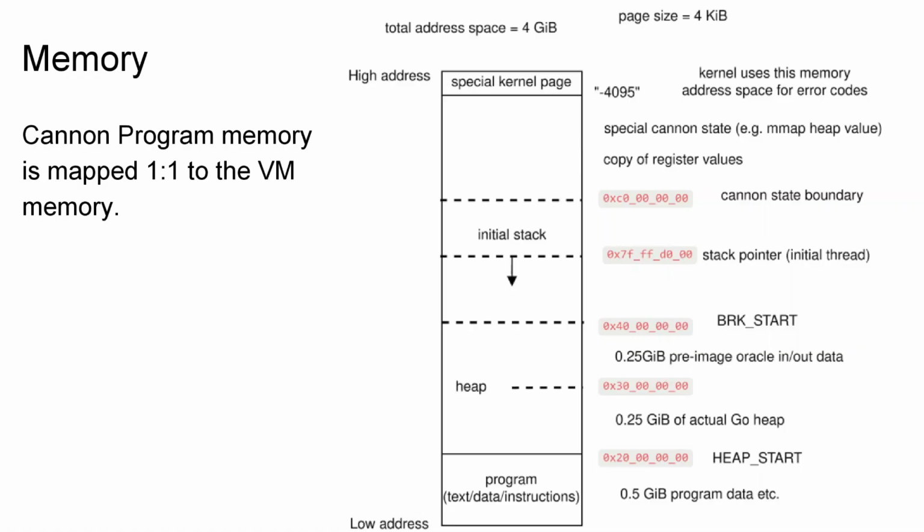So you get 2 gigabytes of addressable space, part of which is dedicated to the preimage oracle, part of which is filled with our program, and then a small part of that is used by the Go runtime. And then the preimage oracle has to overlap with the Go runtime for the Go runtime to access the preimage oracle at all. So you don't really get to use much memory space.